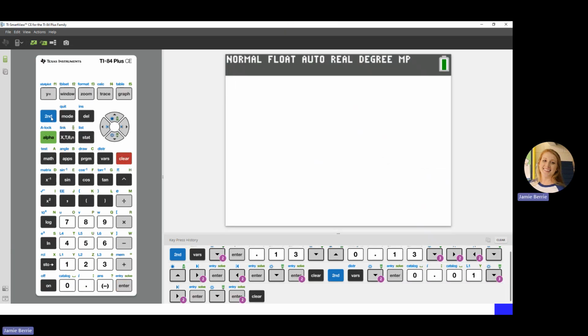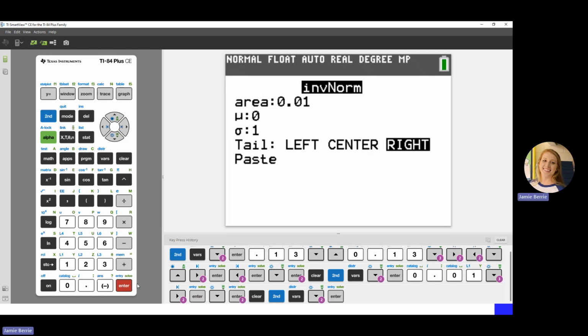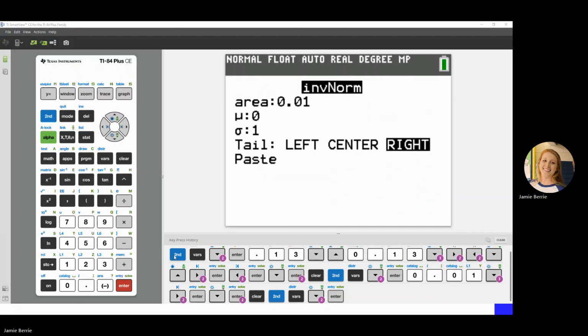Okay, let's jump back over to our calculator, clear everything out. Go to second vars, go down to inverse norm. This time our area was 0.516. Mean is still 0, standard deviation is still 1.